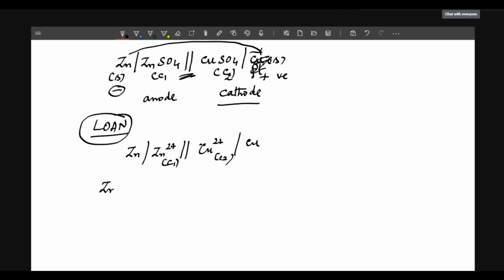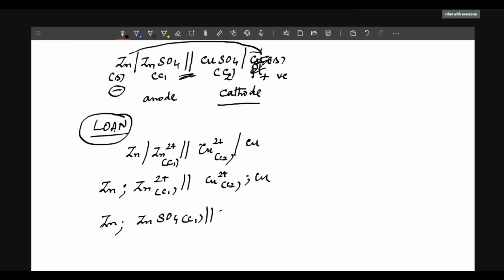In some other books, instead of a single bar, they would use a semicolon: zinc 2+, C1, double bar, copper 2+, C2, semicolon copper. Or instead of zinc 2+, they may also write the counter ion, including zinc, colon, and zinc 2+. These are some of the ways by which voltaic cells are represented.